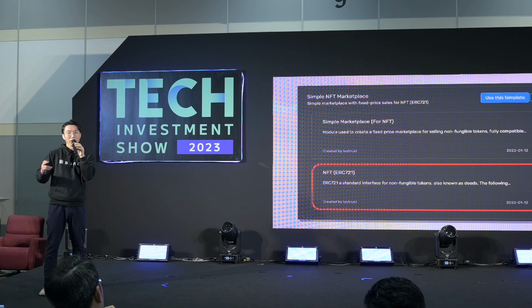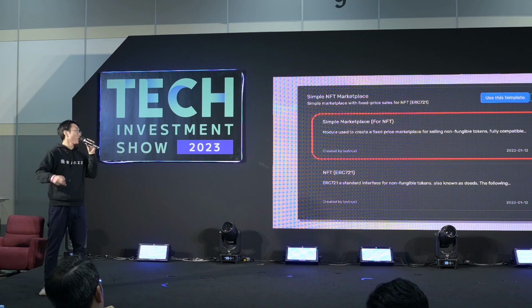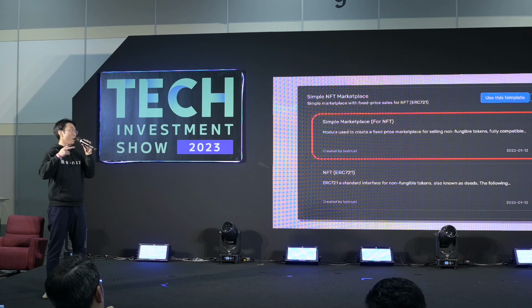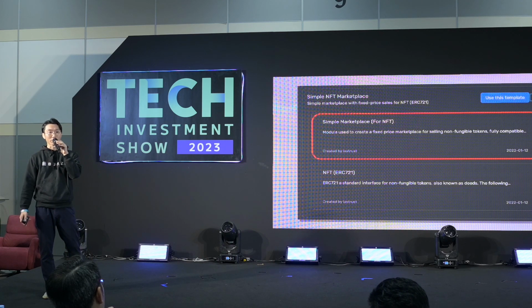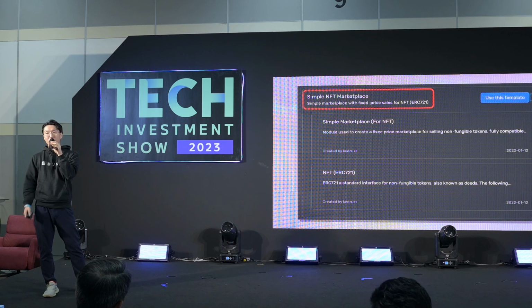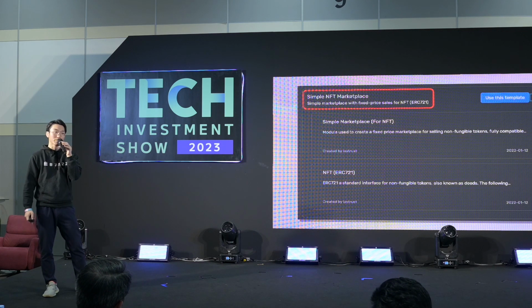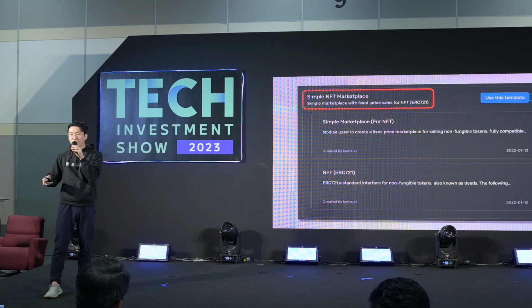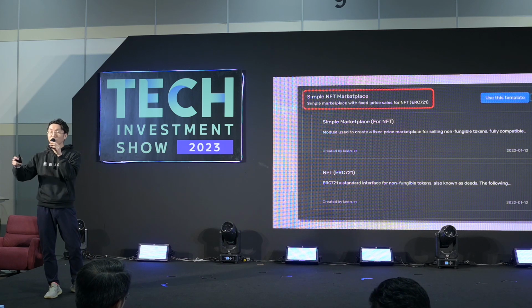First one is the minting functions, and the second one is NFT marketplace functions. In this ecosystem, you can deploy these useful smart contracts on all EVM compatible chains with GUI only.